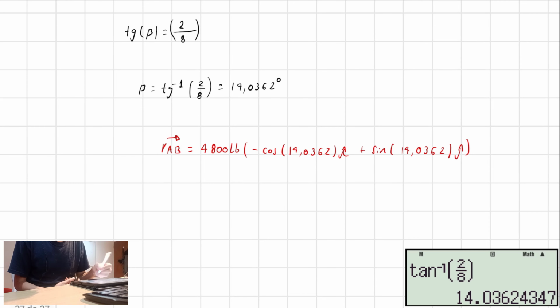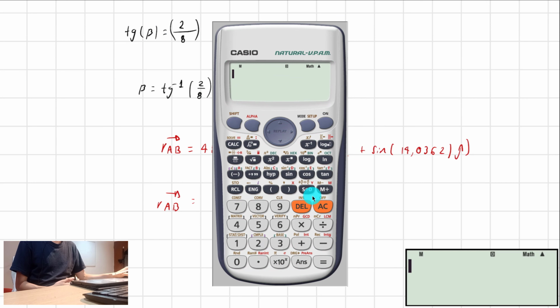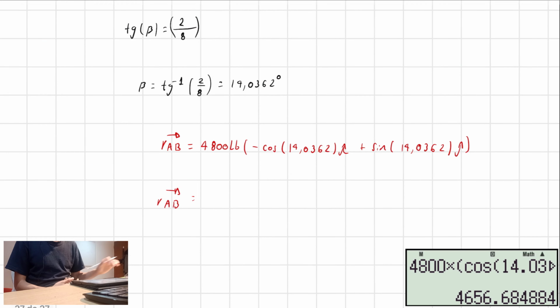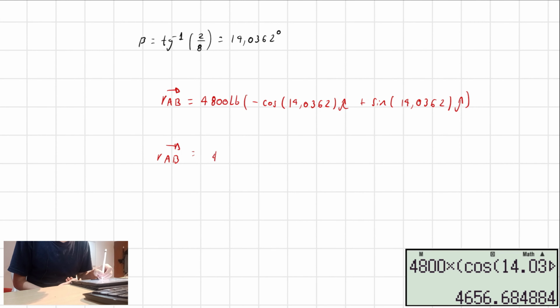So the final answer will be: F is equal to 4,800 multiplied by the cosine of 14.0362. And right here we have 4,656.0848 in the i direction.